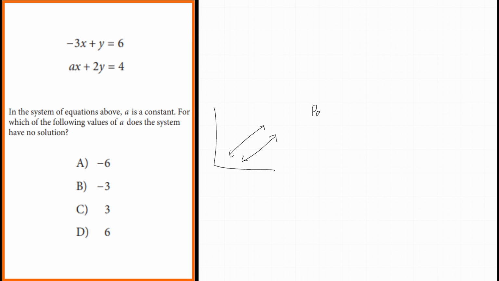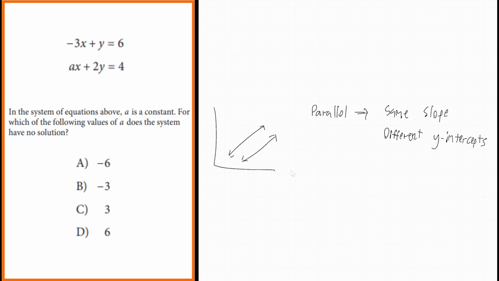We're looking for parallel lines, which means that they have the same slope but different y-intercepts.